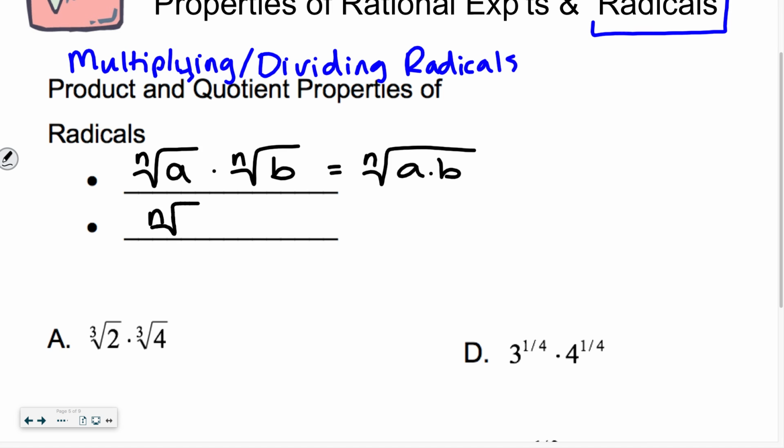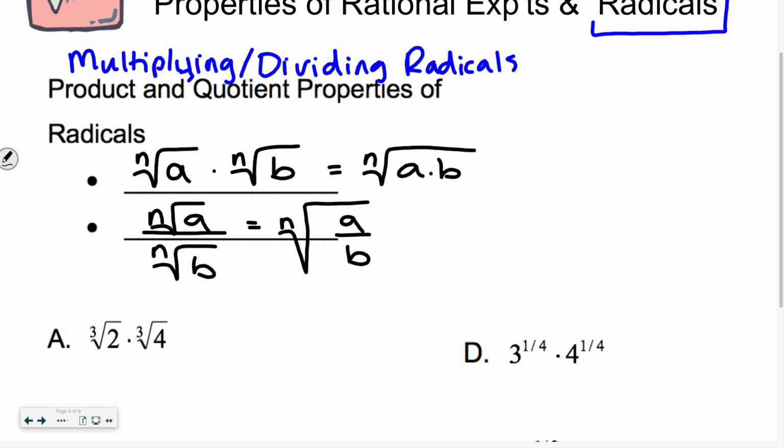Suppose you have the nth root of a divided by the nth root of b. The root, the index, is the same. So they're both cube roots or they're both fifth roots. A and B may or may not be the same thing. Usually it's not the same thing if we're going to use the properties of radicals. But the division or quotient property of radicals says you can make that one big nth root and just do A divided by B underneath.